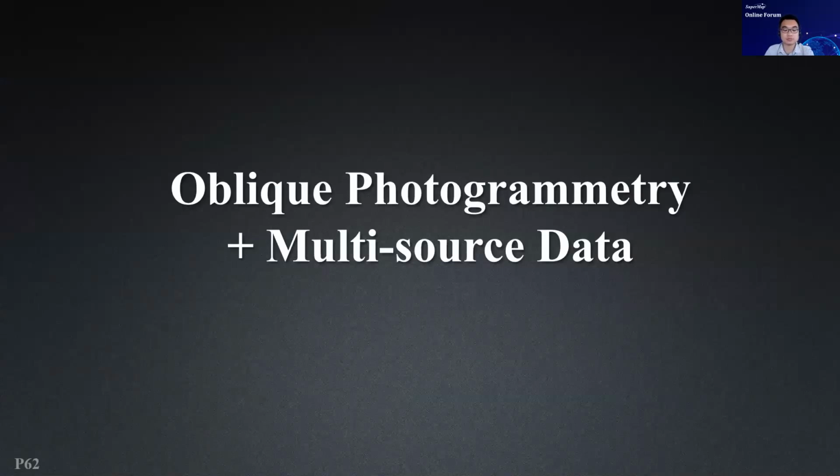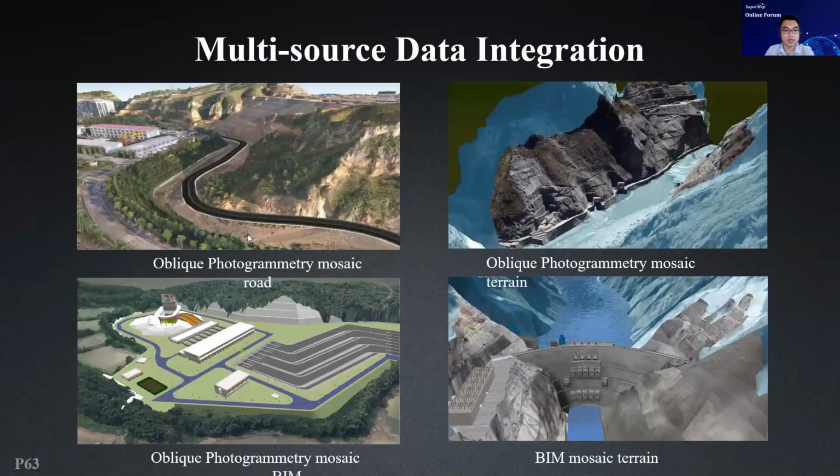So here we also provide the ability to integrate multi-source data. We can integrate it with 3D lines, and also here we integrated some BIM data, the building information model. You can see in some projects we overlay the BIM data with the optical photogrammetry.